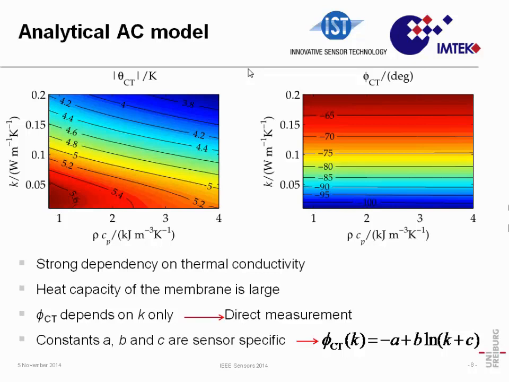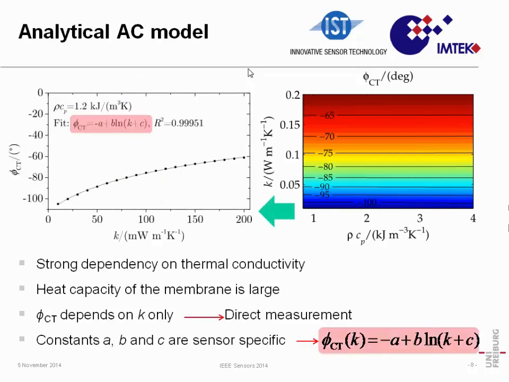What is important to see here is that, given that these lines are totally horizontal, it would be possible to determine the thermal conductivity directly from the phase. For instance, let's say this is the case of air. This is the volumetric heat capacity for air.